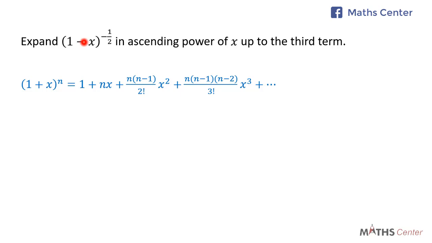Now when we compare (1 - x) exponent negative half to (1 + x) exponent n, we can see that the first term is 1, so we have 1 here.